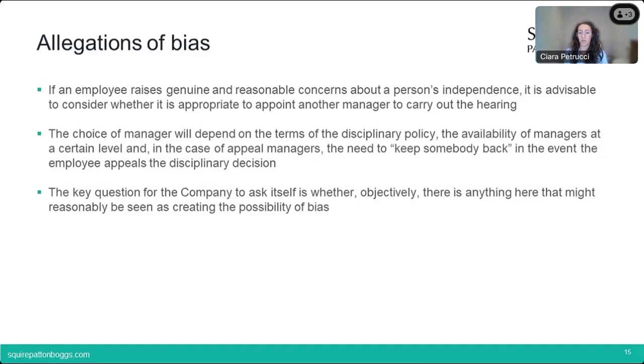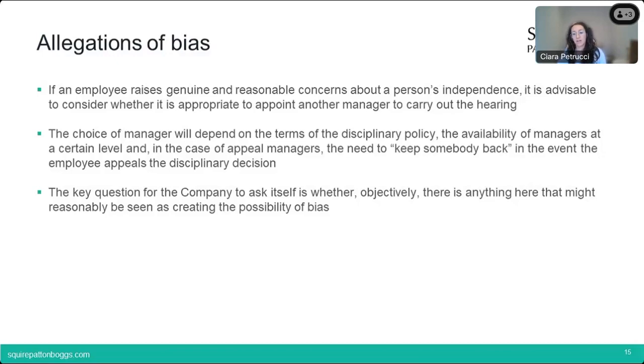So I think in smaller businesses, you'll probably want to be quite robust about whether those allegations of bias are reasonable. I think in larger organizations it's a lot easier, you've probably got lots of different managers who could deal with things. If there's an allegation of bias, sometimes it might just be easier to change the person to avoid that even being an argument.